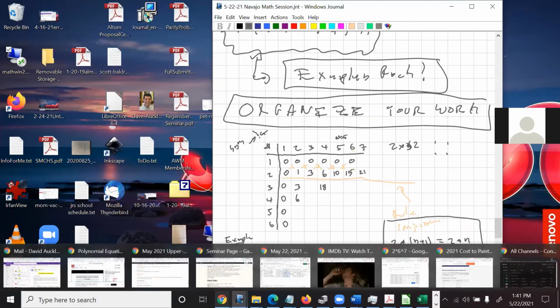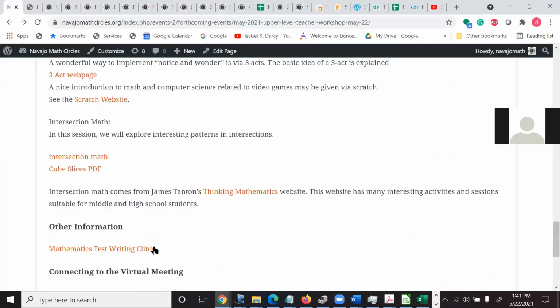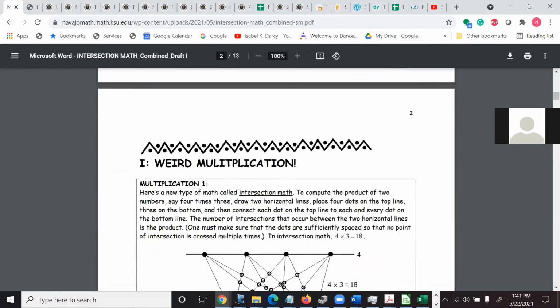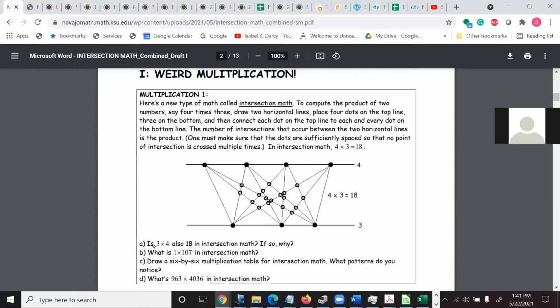On our web page here, I have posted something called Intersection Math. This is a write-up of this activity that looks like this. It's by James Tanton, who has beautiful activities for middle school and high school students written up in lovely ways. He has a description like this. 4 times 3 equals 18.